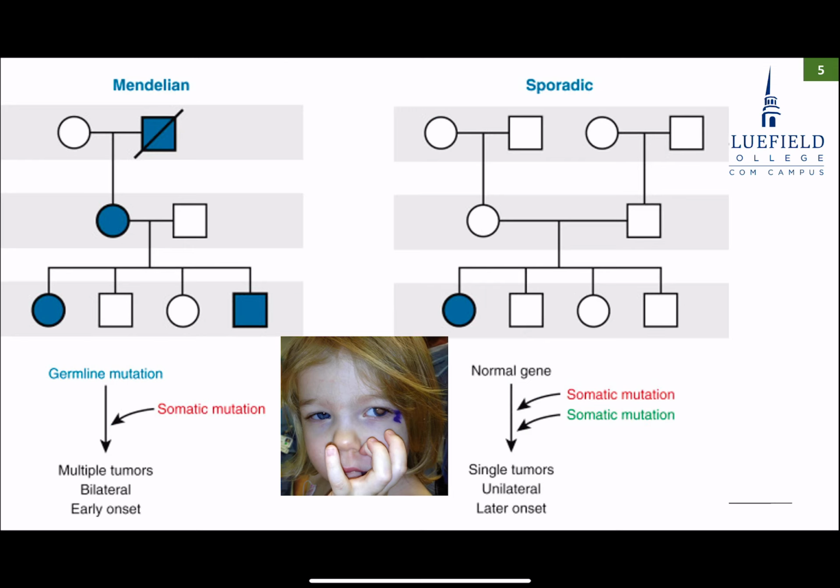But now going back to the table, where's the table? Oh, it's actually in the previous one. The table with tumor suppressor genes.